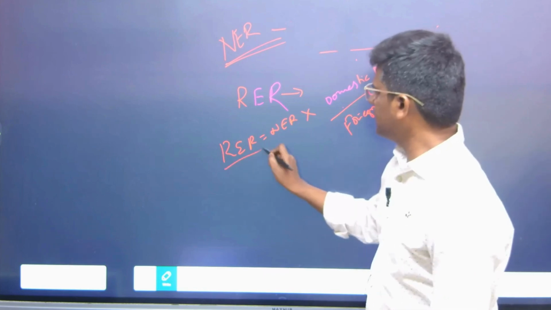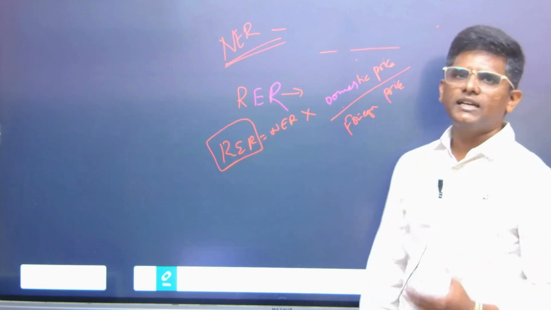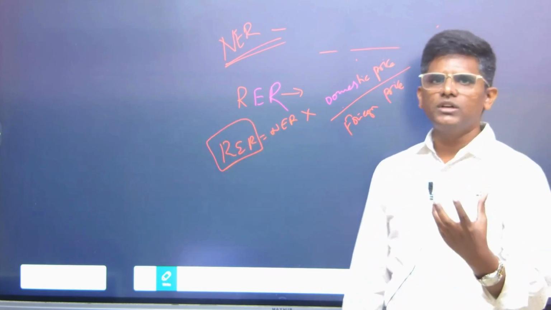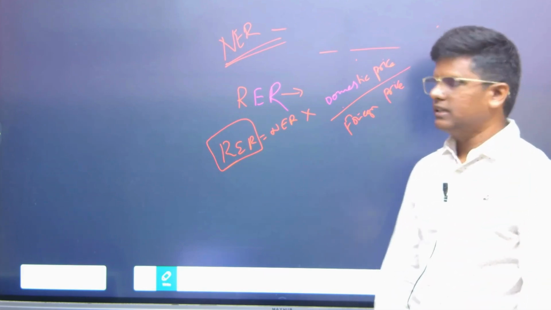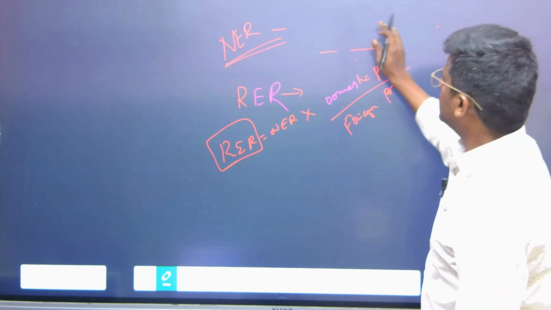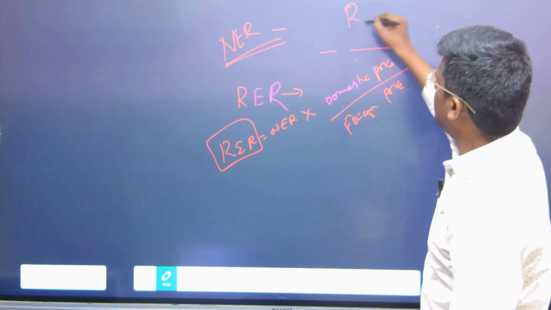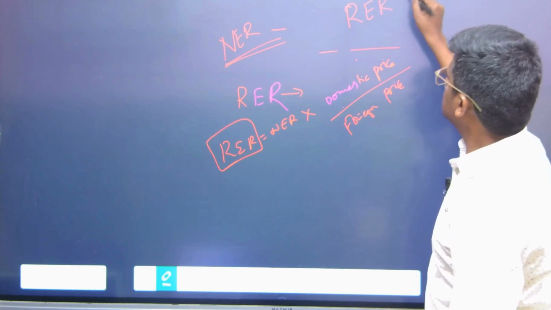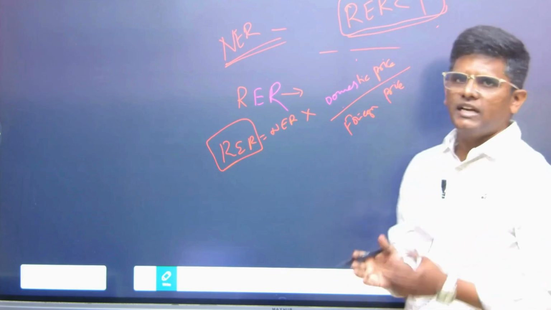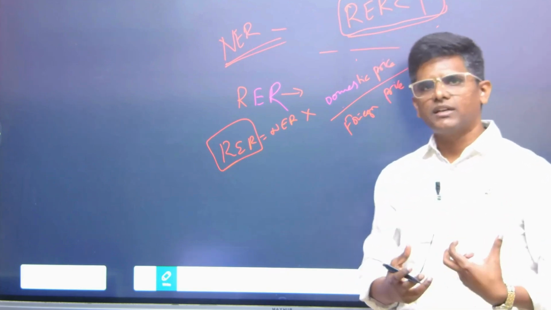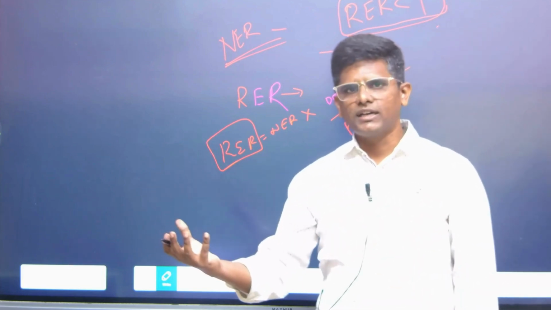In RER, we can find out how much of the good we can buy in our country versus a foreign country. So if RER is less than 1, and in our case RER is less than 1, it means the goods are cheaper in India compared to the foreign country.